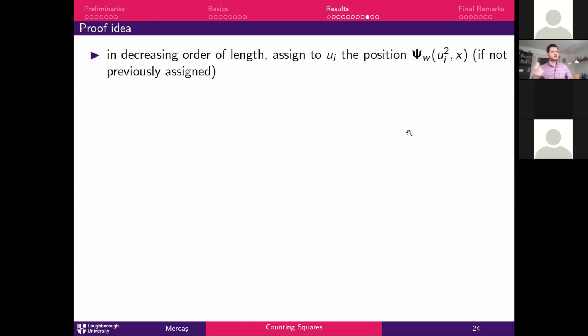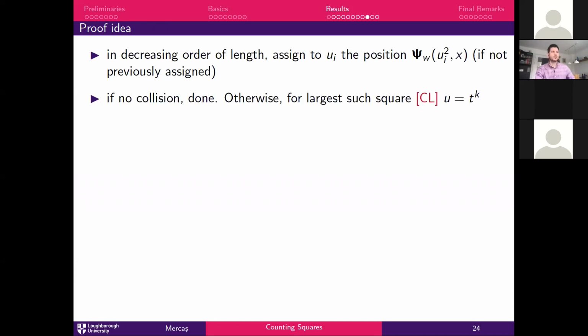So what we did is actually order in decreasing order of length each of the squares, and we assign their anchor as a marked position. Whenever we have a collision at some point, we're going to consider the smallest of them. And we know that by looking at all of the smallest ones, they can all be represented in terms of a primitive word.